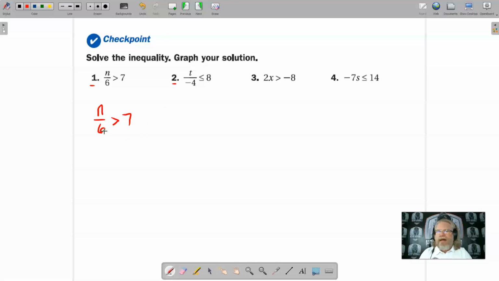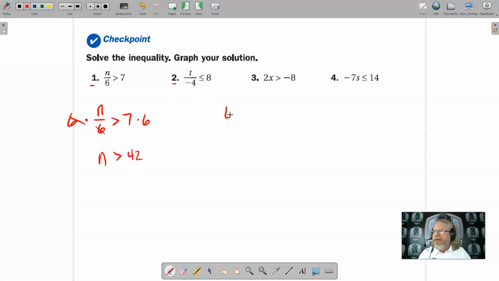And the n is tied to the 6 through division, so the opposite operation is multiplication. We're going to multiply by the very number we wish to get rid of, which is the 6. And what we do to one side, we're going to do to the other. The 6s are going to cancel each other, and that leaves us just the n. We multiply by a positive, so the sign's going to remain the same. And 7 times 6 is 42. So n is greater than 42.